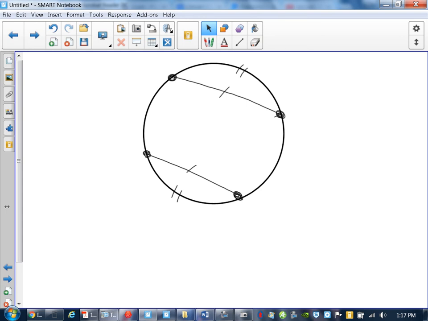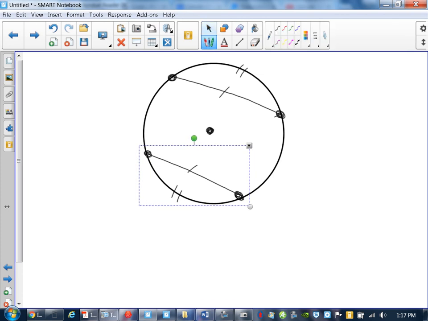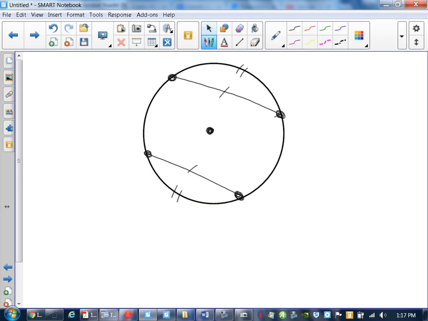Now, the reason why we had congruent chords was because if you took the center and you drew to the chord, if two chords are equidistant from the center, those chords would be congruent.